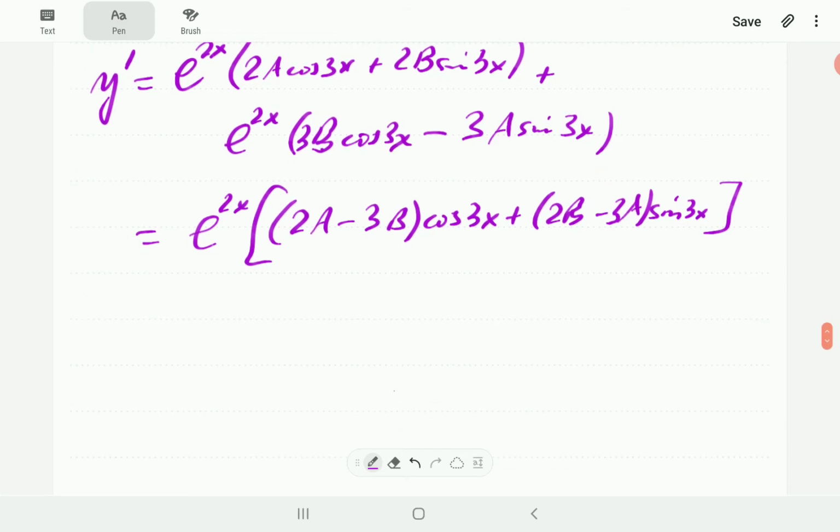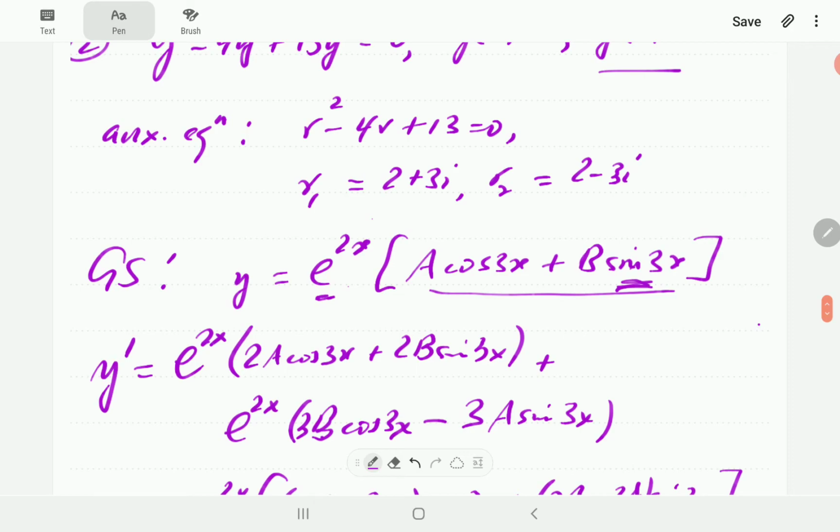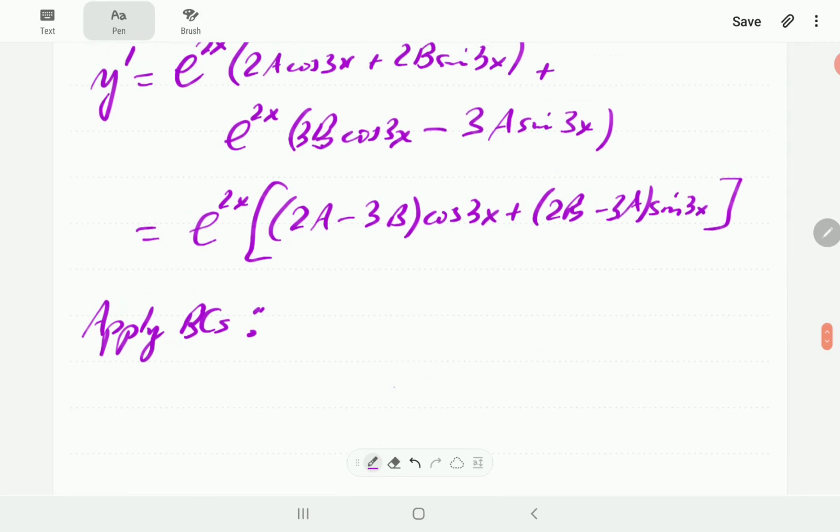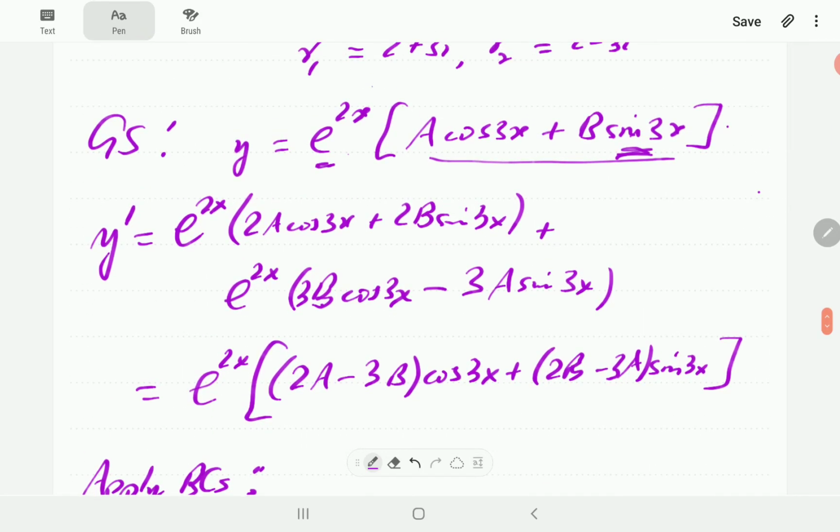Now we're going to apply the boundary conditions. The first one says when x is 0, y is 0. So we're going to plug in 0 here, 0 there, 0 there, and 0 there.